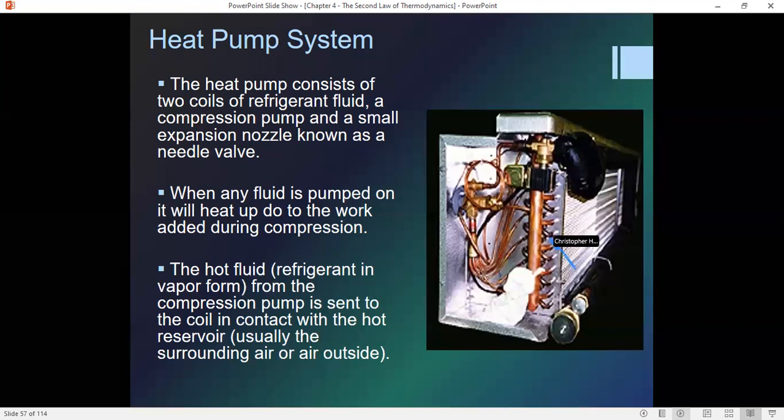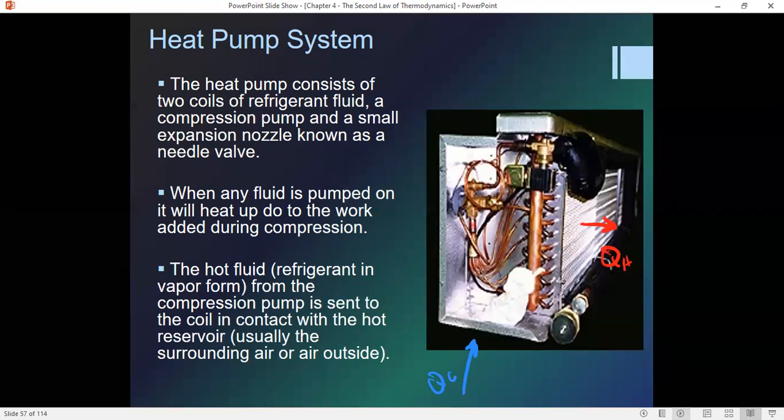So basically, there are two heat exchangers that we typically have. There's one heat exchanger which is going to absorb QC, and there's another heat exchanger. Usually we use a fan to blow out QH, and that's going to dump it into the surrounding areas.